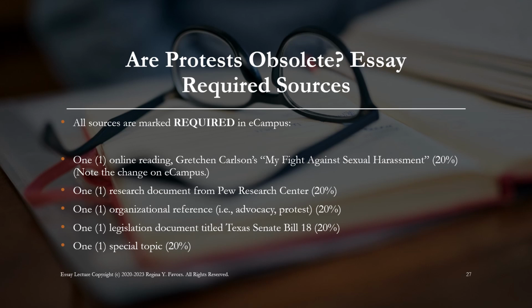Then there's the Pew Research Center information, then one organizational reference, so an advocacy organization, one legislation document, such as the Texas Senate Bill 18, that is a campus free speech type document, and then one special topic.